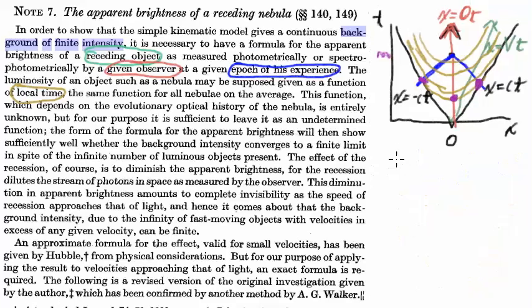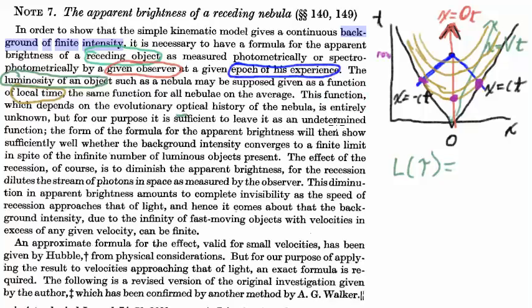So we're discussing a luminosity of tau, a function. Where does it say luminosity? The luminosity of an object. Luminosity of tau is some function which depends on the evolutionary optical history of the nebula, is entirely unknown.